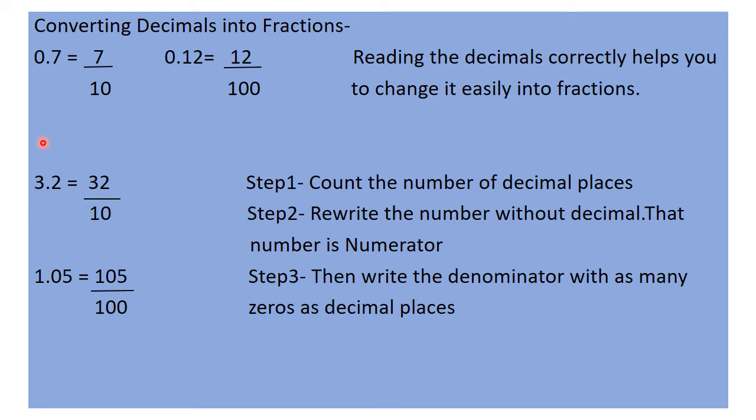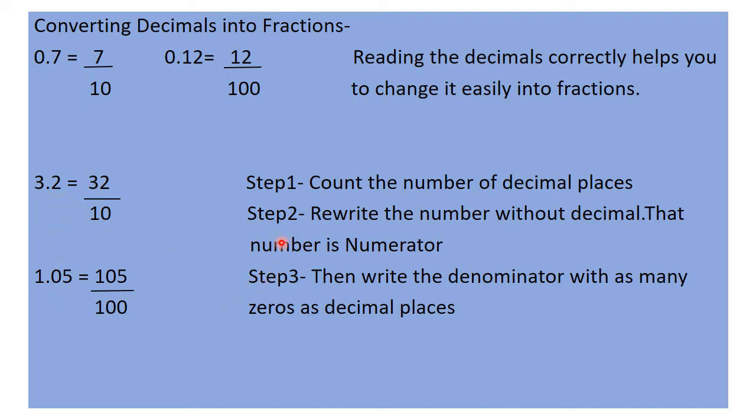So children, for converting these decimal numbers into fractions, the first step is to count the number of decimal places. Here I have only one decimal place, and in this number how many decimal places do I have? 1 and 2. Okay, so the first step is clear to us.